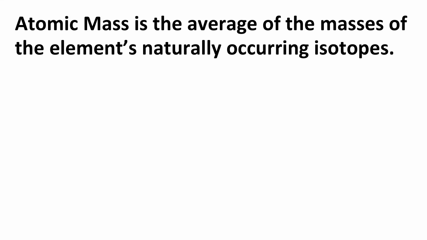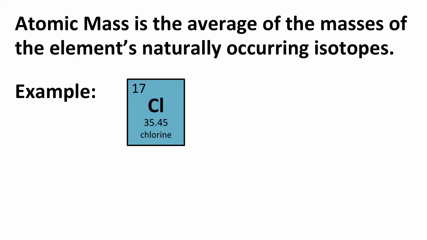So if you go to nature and grab up a bunch of carbon, some will be carbon-12, some will be carbon-13, some will be carbon-14, and others as well. And if we average out the masses of the isotopes of that element according to their natural abundance, we'll get the atomic mass value, which is reported on the periodic table underneath that element symbol.